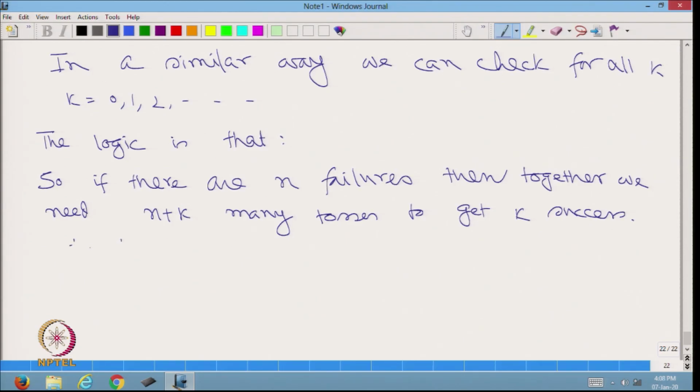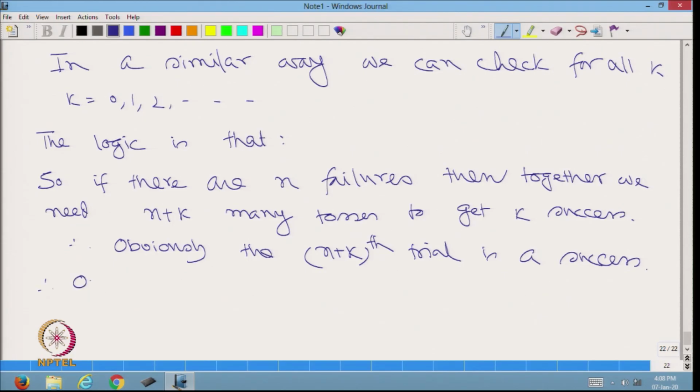Therefore, obviously the n plus kth trial is a success.